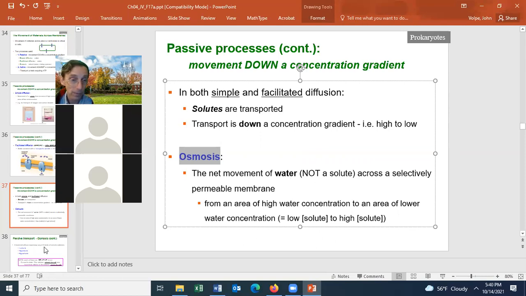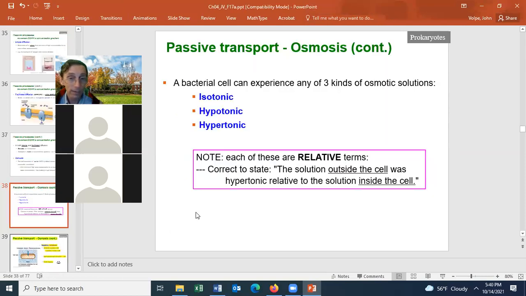Another thing to remember is that we talk about the tonicity when we're talking about the movement of water across the membrane, but the tonicity is defined by the concentration of the solute, not by the concentration of the solvent.